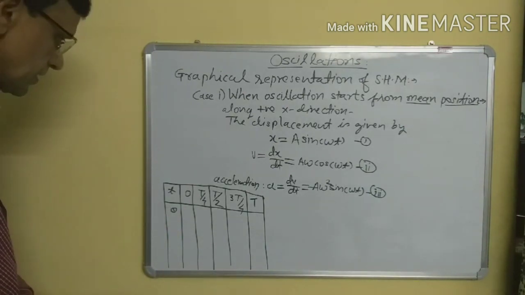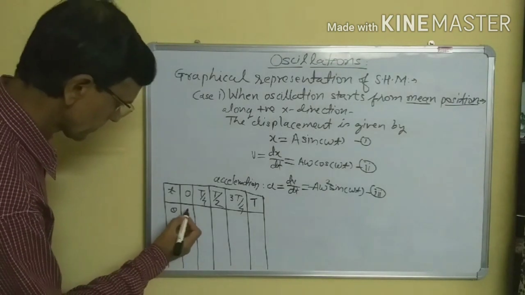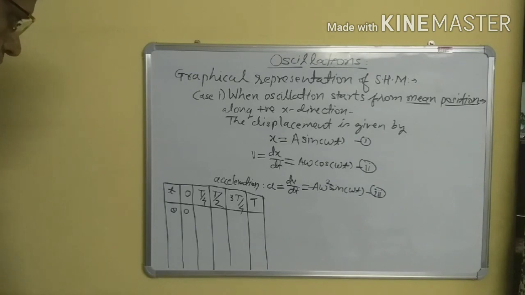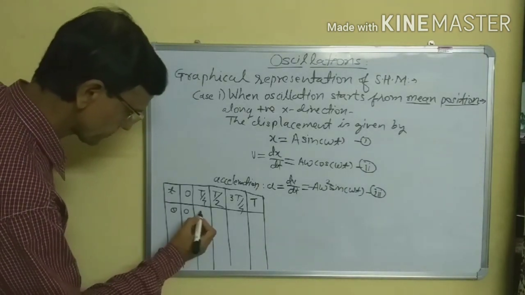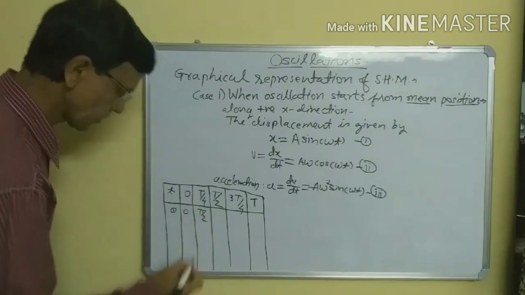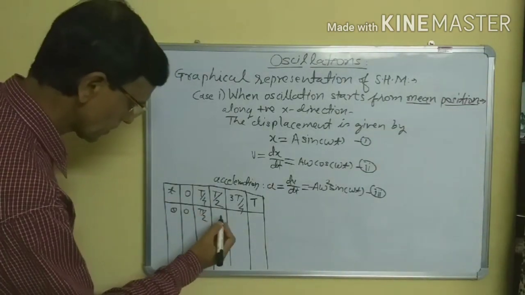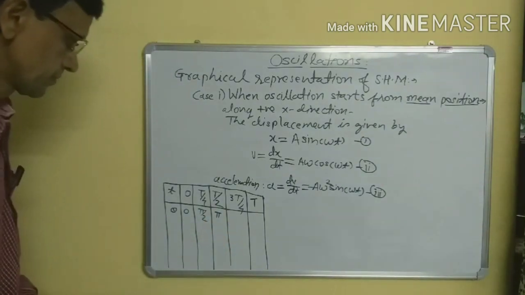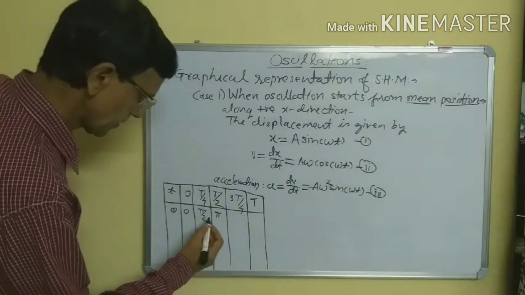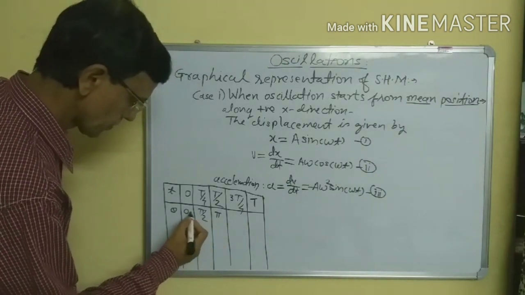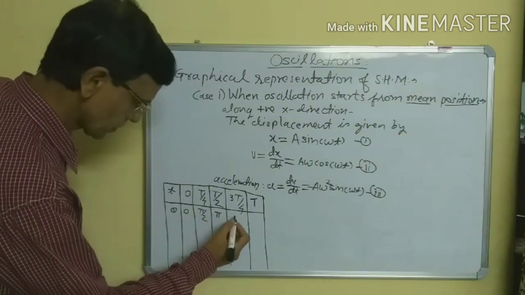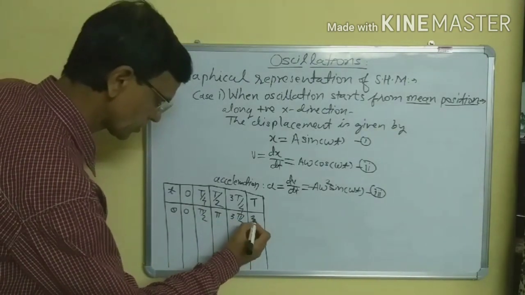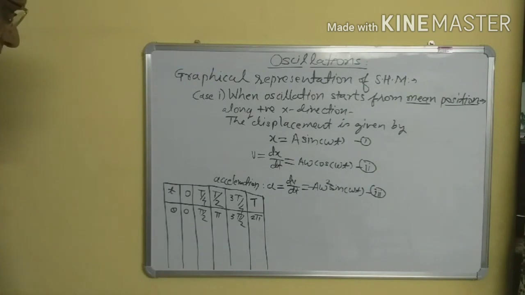Theta equals 0 is the first value, then pi by 2, then 2 pi by 2 which is pi, then 3 pi by 2, and 4 pi by 2 which is 2 pi. These are the values of theta.